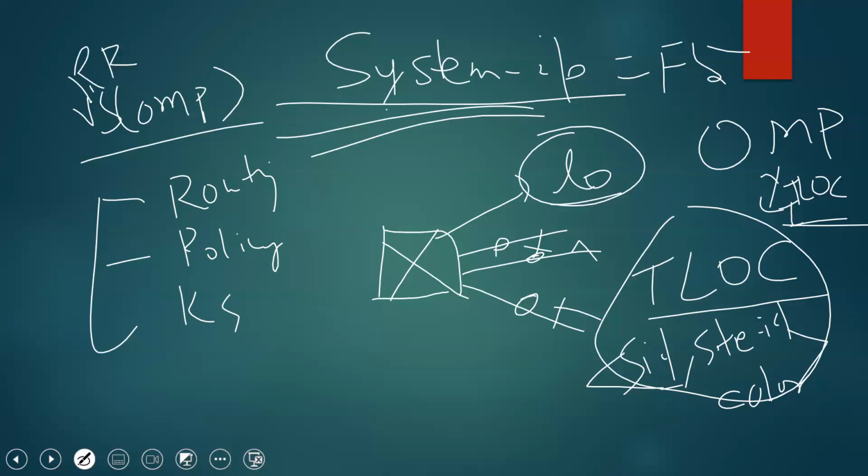That's right. It will do routing, central control policy we are creating from OMP or from vSmart, routing policy, and key server. These three things. And then the bring up process. Can you tell me the bring up process? What are the steps?